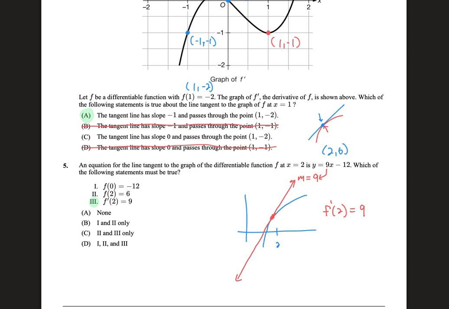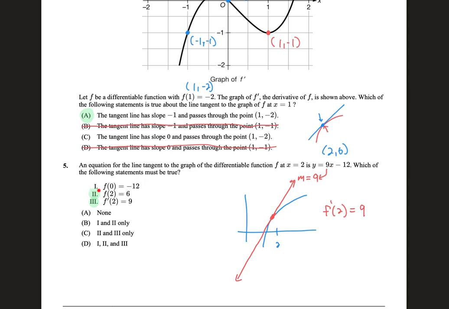If this is the equation of the tangent line at x equals 2, then they share the point 2 comma whatever, in this case 2 comma 6. So they share the point at 2. And since 2 comma 6 is on the tangent line, it has to be on the function also. 2 comma 6 is on the function, and that's what that means: f of 2 equals 6.